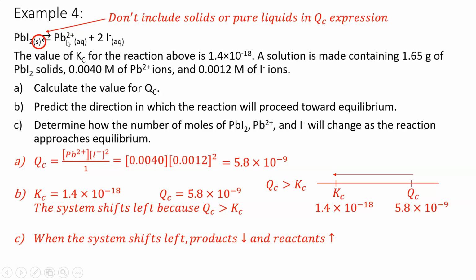So our products, Pb2 plus and I minus, are going to decrease, and the reactant, PbI2, is going to increase. Moles of PbI2 would increase. The moles of Pb2 plus ions are going to decrease, and the moles of I minus ions will also decrease, because reactants increase, products decrease.